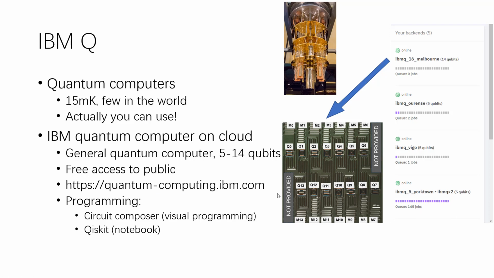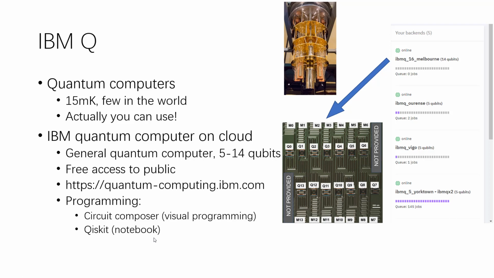So to program the quantum computer, there are two possibilities. One is visual programming, similar as the LabVIEW. Use this circuit composer. If you want to write lines, write programs, you can use this Qiskit. It is a notebook style.